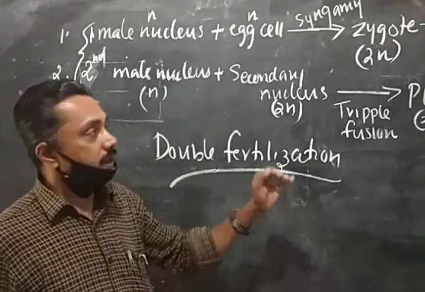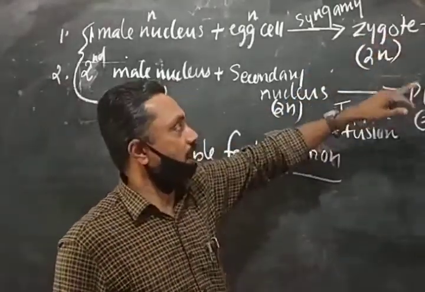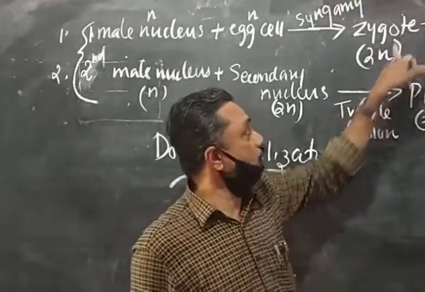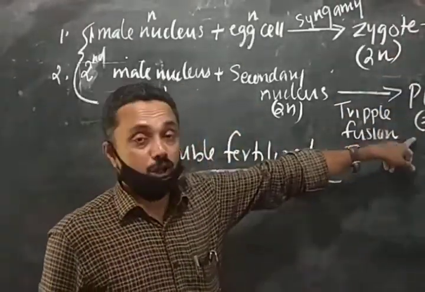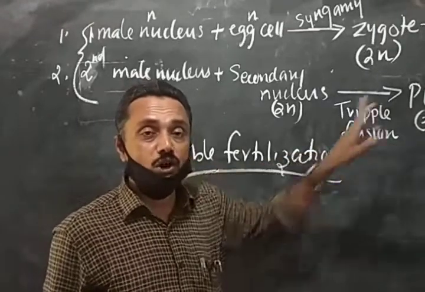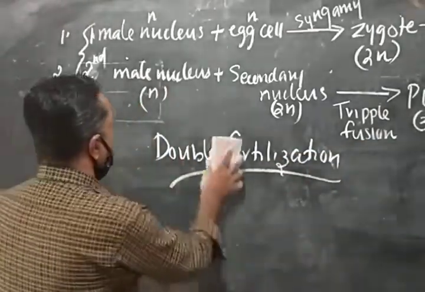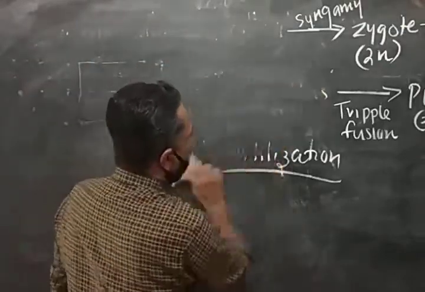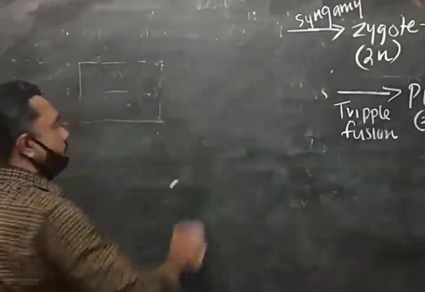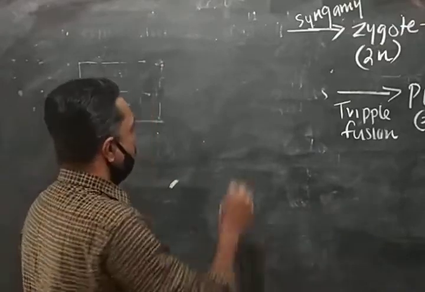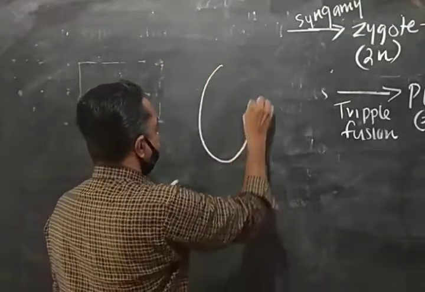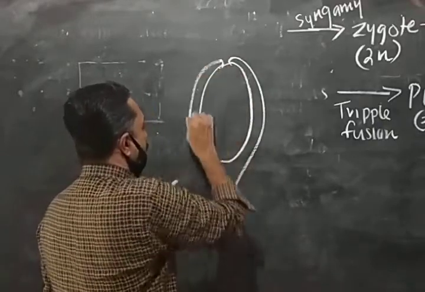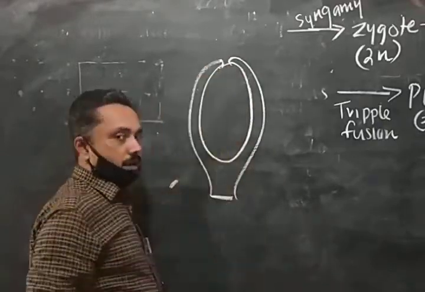So the 2 products of fertilization are the zygote and the primary endosperm nucleus, which develop into embryo and endosperm. How does the zygote develop into an embryo and the primary endosperm nucleus into endosperm? After fertilization, all other cells will disappear.